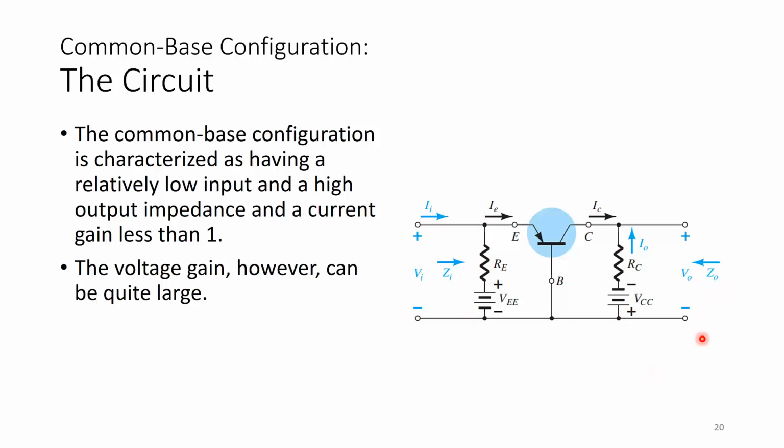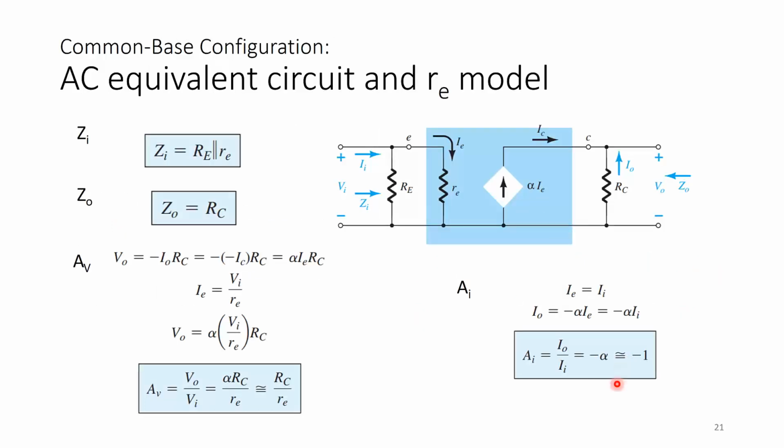So which configuration do you take? It depends on your requirements, if you're building a circuit and you need to build an amplifier. In this case, the current gain is less than 1, but the voltage gain, however, can be quite large. So we can draw the AC equivalent circuit, and with this common base circuit, we need to use the common base configuration of the re model.